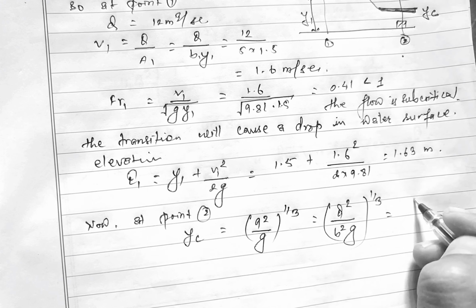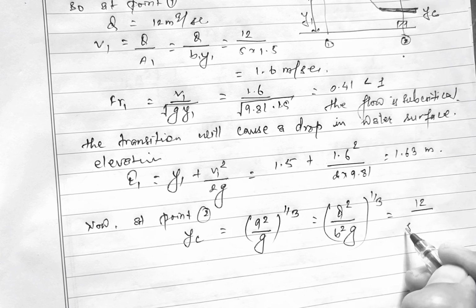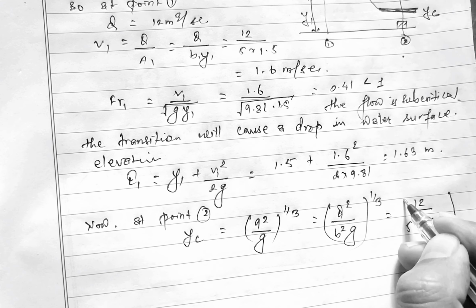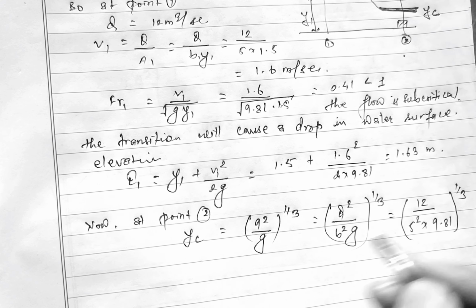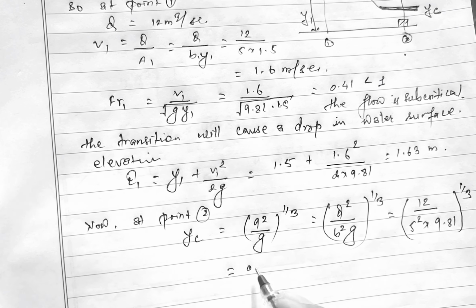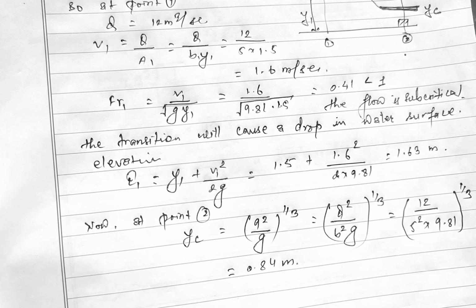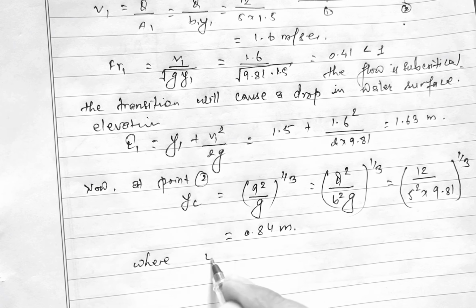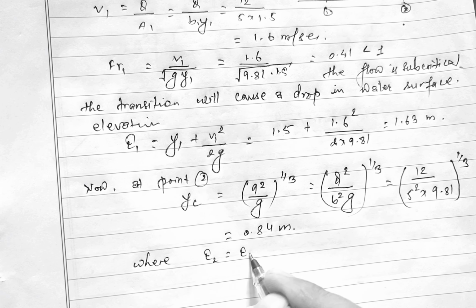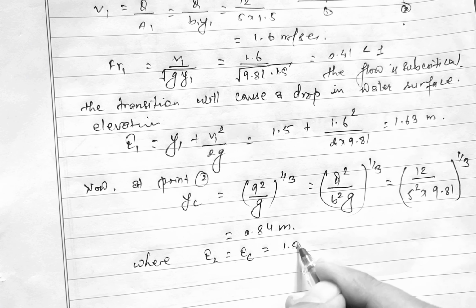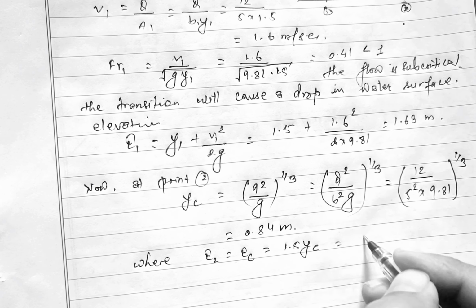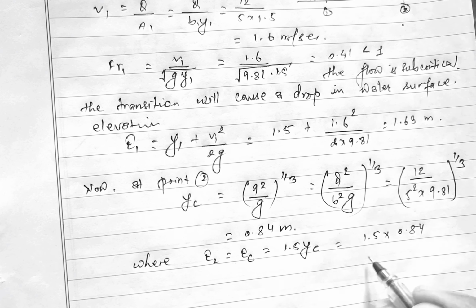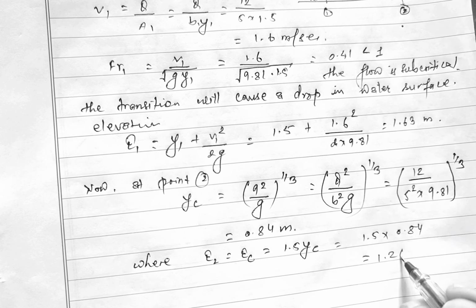On placing the value and on solving this, the result will be 0.84 meter, where E2 equals Ec equals 1.5 times yc, that is 1.5 times 0.84 equals 1.26 meter.